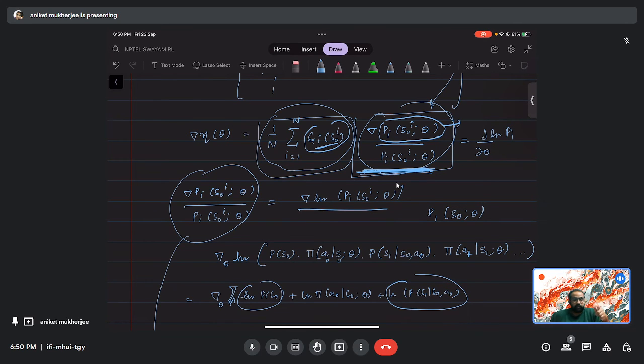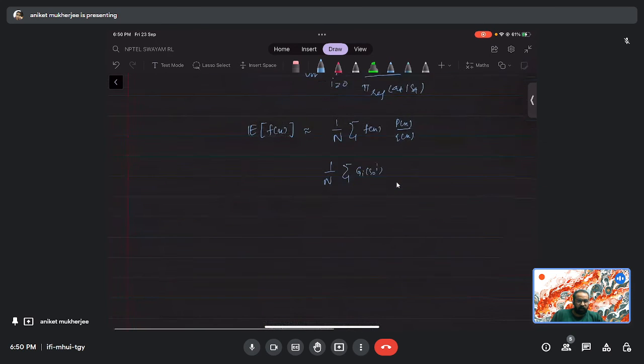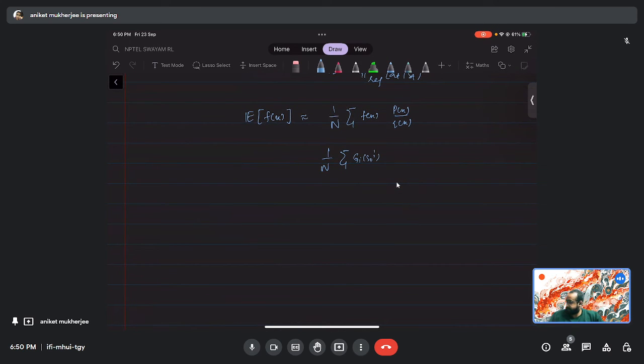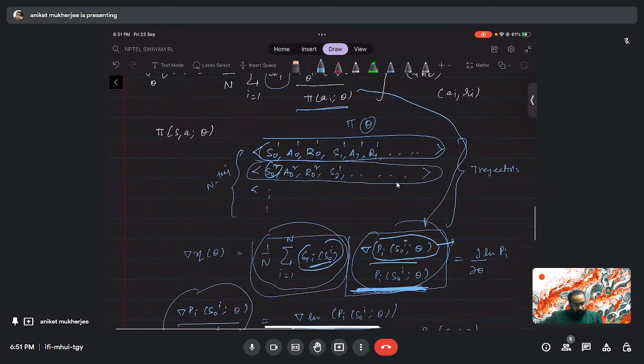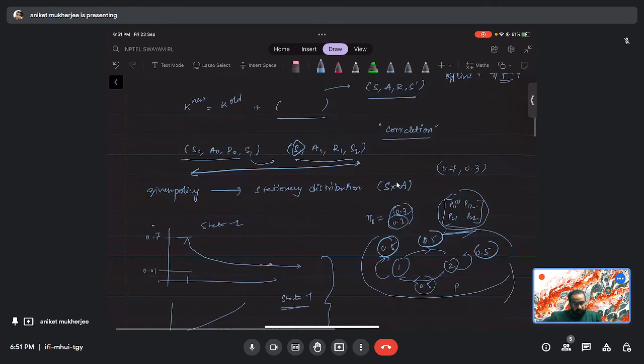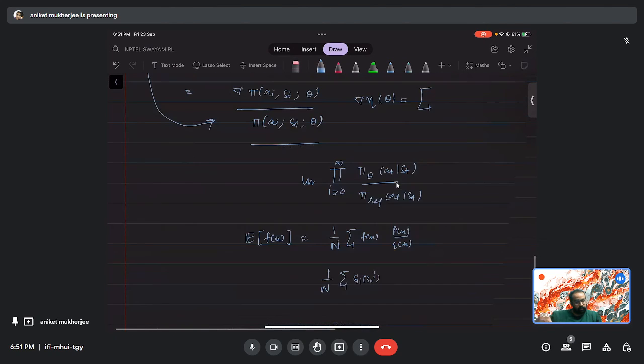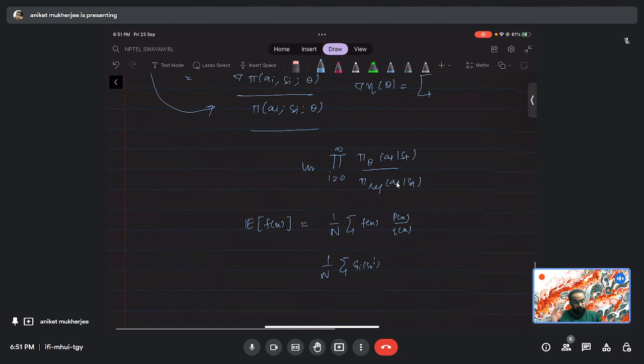This is an expectation, but we need to do some mathematical calculations there to change that into an expectation. But you're right, this could be done off policy. Importance sampling, okay, the same importance sampling that you said.